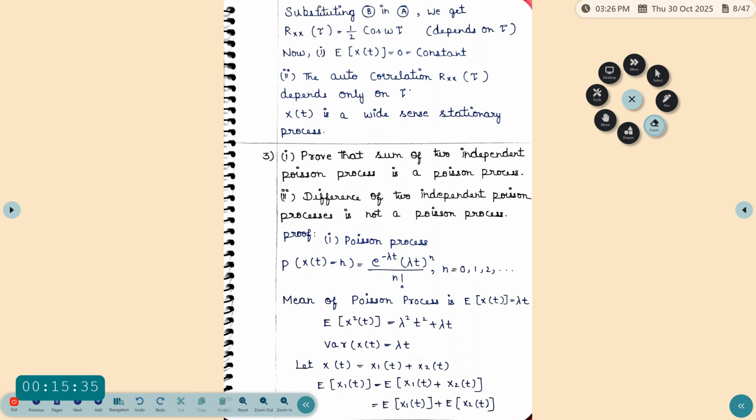So that R double x of tau equal to 1 by 2 into cos omega tau, that is, it depends only on tau.